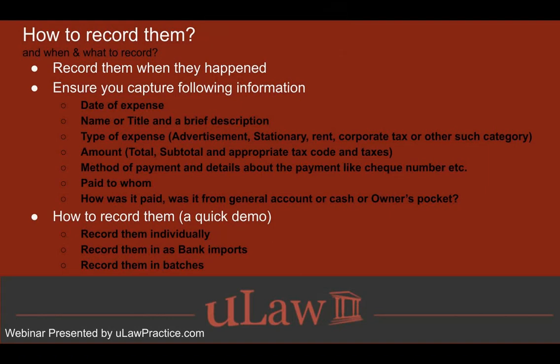You're able to note down the date, and the title, as in what the expense was incurred for, whether it's a filing fee or a photocopy or maybe a consultancy expense. Whatever the type of expense is, you need to categorize it, and you already have the total amount.